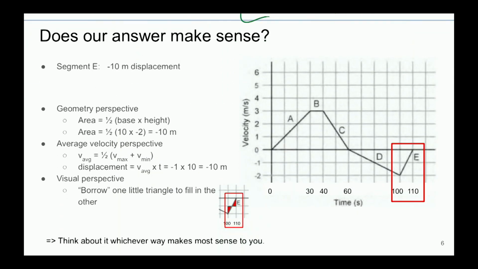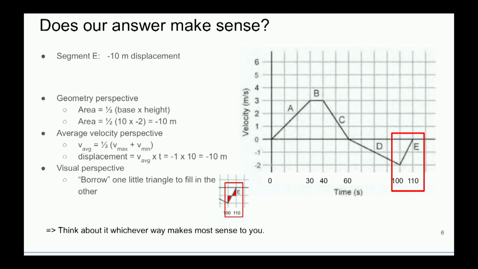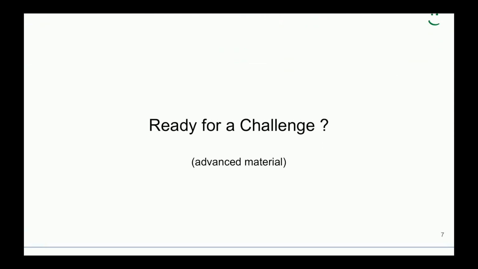Okay, let's move on. You can determine for yourself whether you think the answer makes sense and why it's true that the area represents displacement. You can pause the video and check out the slide if you find it interesting. But I really want to get into one little bit of what I call advanced material.